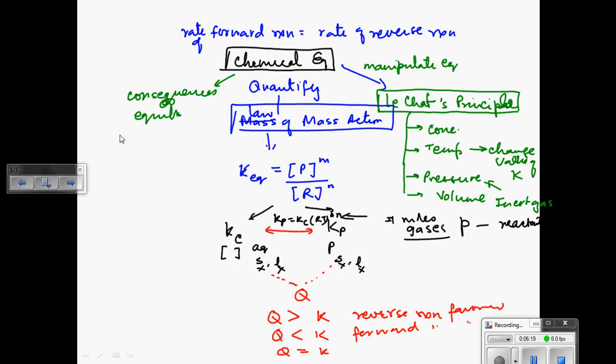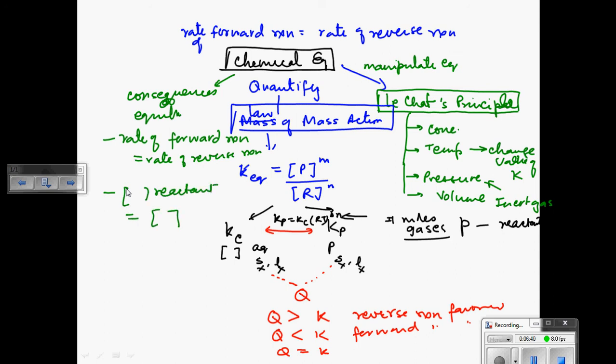So if the rate of forward reaction becomes equal to the rate of reverse reaction, does it mean that the concentration of reactant is equal to the concentration of product? Maybe, but generally not. So this is not true. Maybe a special case could be that their concentrations turn out to be equal, but generally they're not equal.